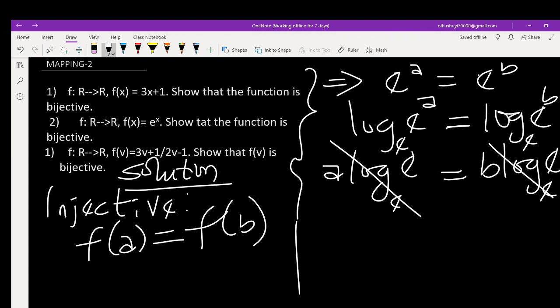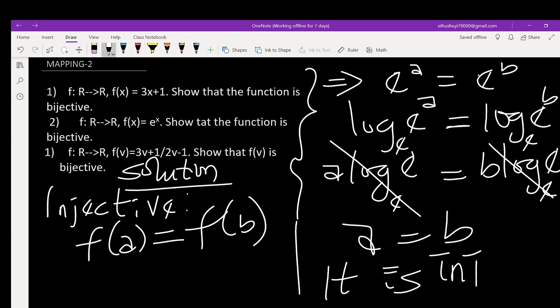This gives you 1. This gives you 1. So a will be equal to b. It is injective. So we have it to be injective. Then check for surjectivity.